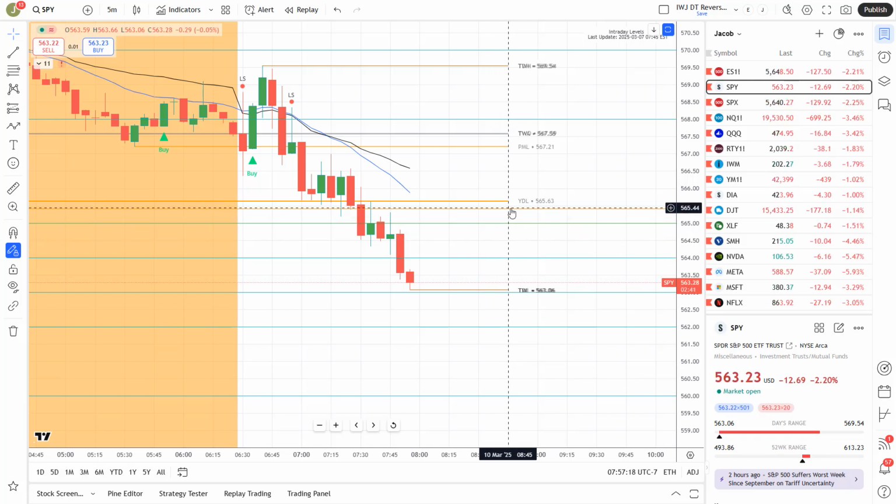However, if they fall through that, 56.35 would be the next level down. So we'll see if the bulls can step up here and fight at all and give us any kind of indication that we're going to get some kind of move back to the upside.